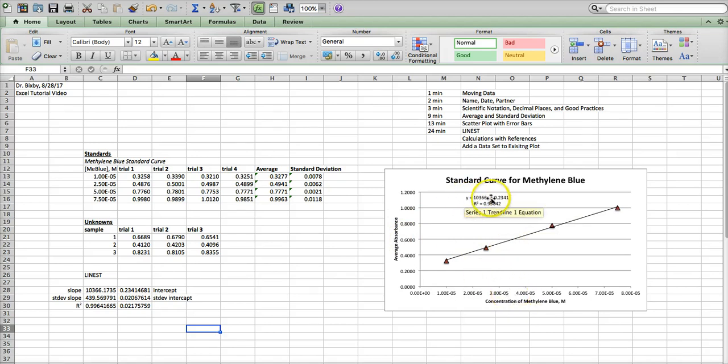If you want to type all those numbers out, that's fine. You can do that. You can do it multiple times if you like. But now here I have some cells out here that have those numbers in them, specifically these 2 numbers right here, that I can reference in a calculation. So over here I'm going to calculate the concentration of my sample, and I'm going to do it for each trial, and then I'm going to average after that.